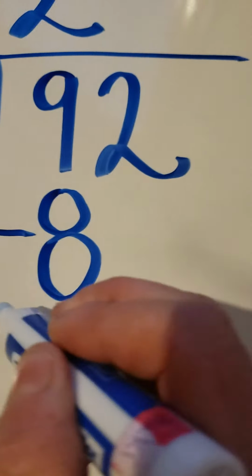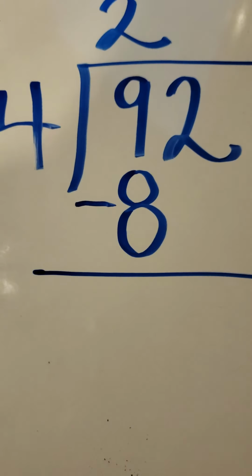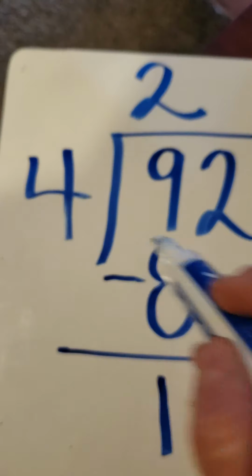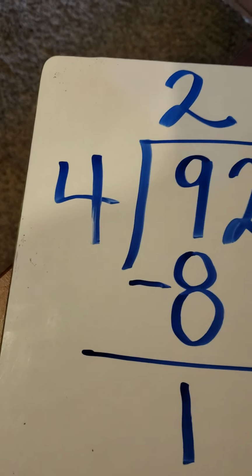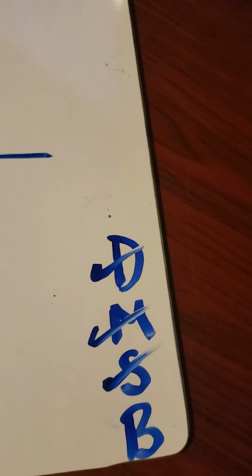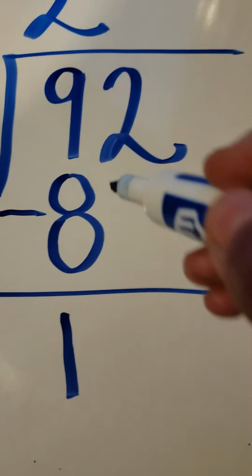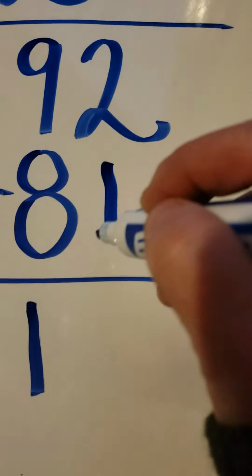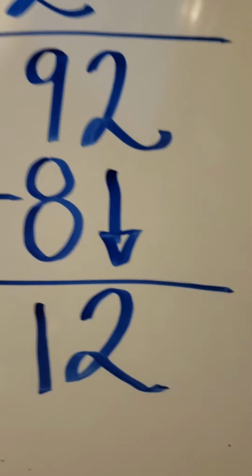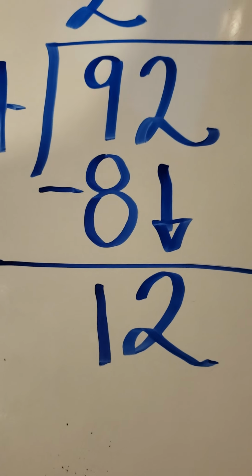So 9 take away 8 is what? 1. There's that leftover guy from trying to fit 4 into 9. He stays there for a second. Now we're on our bring down step. You're going to bring down this 2 that's in the 1's place to meet up with the 1 in the 10's place and make the number 12.